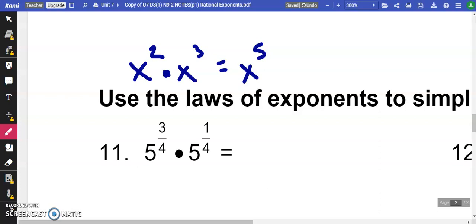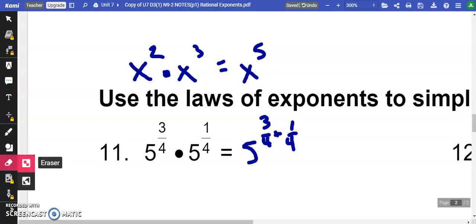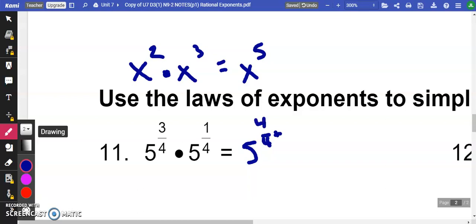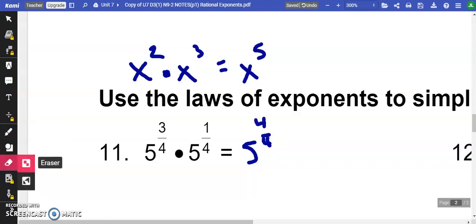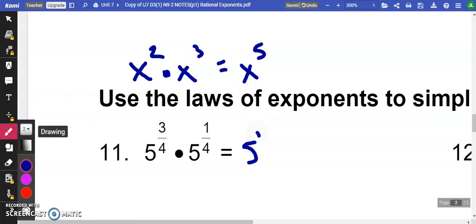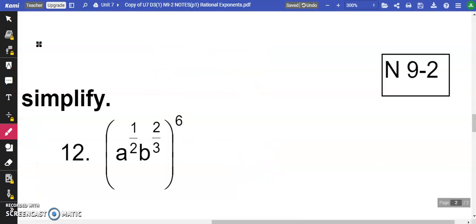So for number 11, since the 5 matches, I can combine them by adding the 3/4 and the 1/4. So of course, 3/4 plus 1/4 is 4/4. And of course, we know 4 divided by 4 reduces to 1. So the simplest version of this is literally just 5.